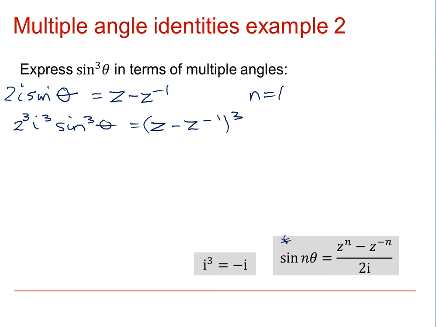This would give me 8 times minus i sine cubed theta equal to z cubed minus 3z plus 3z to the minus 1 minus z to the minus 3. And I've used Pascal's triangle to find those coefficients 1, 3, 3, 1.